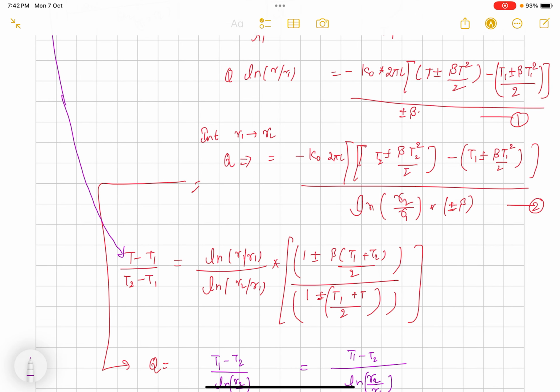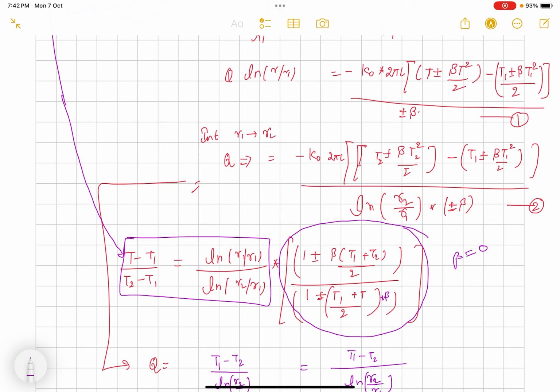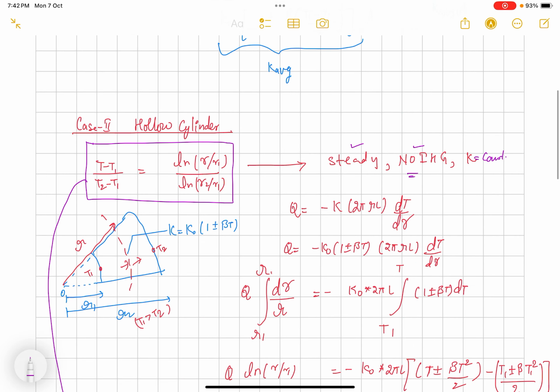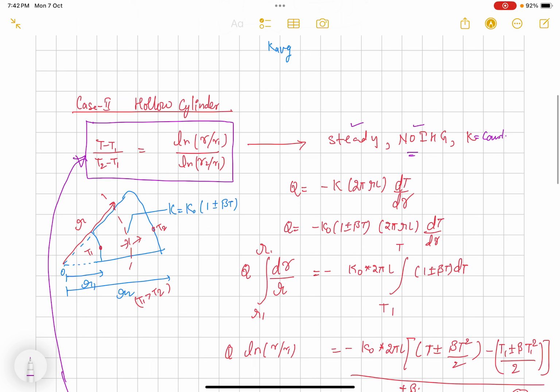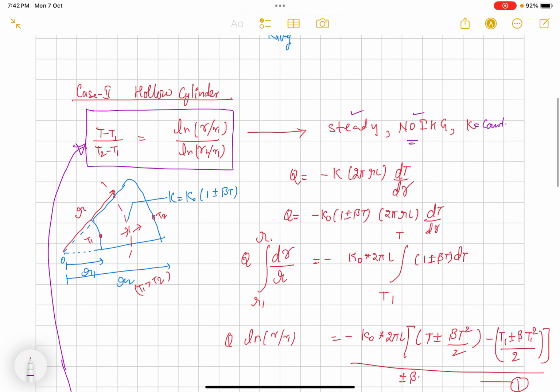You can see only this part is the previous one, and this factor comes in extra when we have variation of thermal conductivity. So there is beta also here. If beta is 0, meaning no variation of thermal conductivity with temperature, this term will vanish and go to 1, and we are left with only these terms. This boils down to the previous case, which is steady state with no internal heat generation and constant k. Thank you.